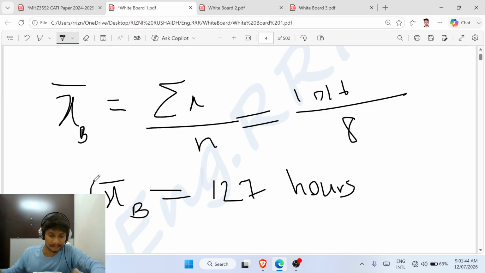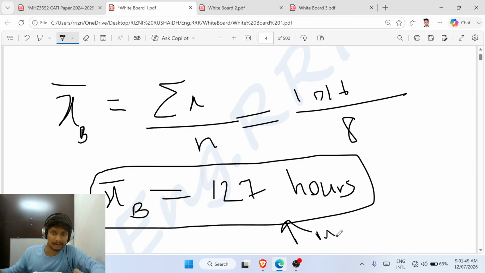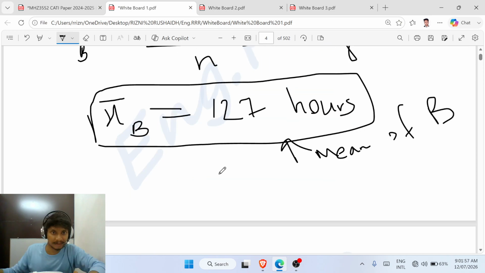Now we have found the mean of B. Now let's move to the variance of B.